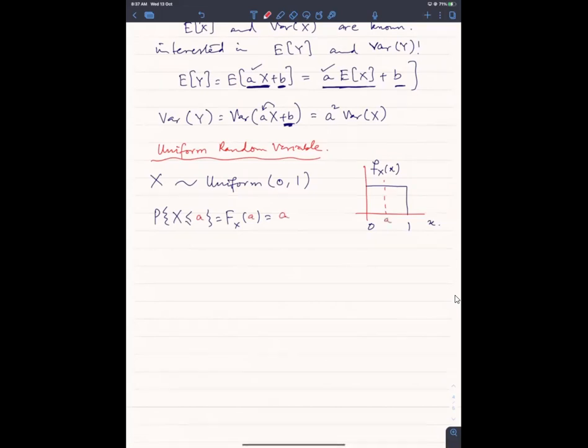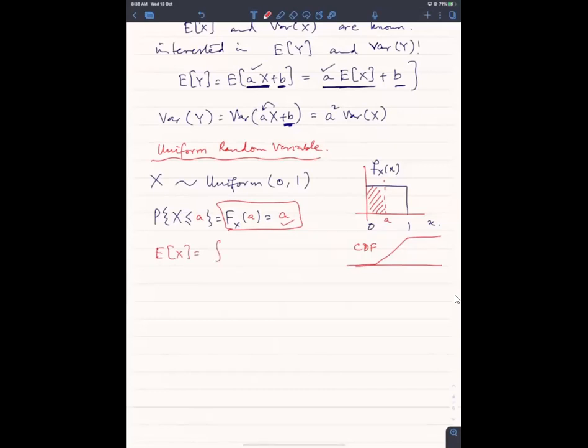So a here, this is simply this. So the CDF is simply a linear function. CDF ये हमने पहले भी देखा, ये इस तरह का होगा. So this is CDF.